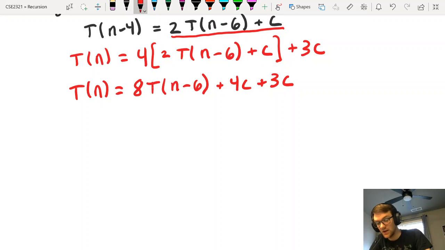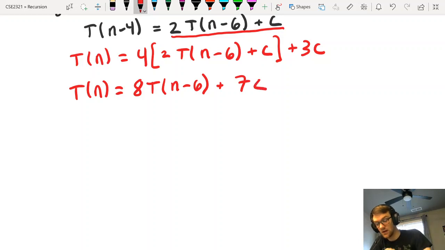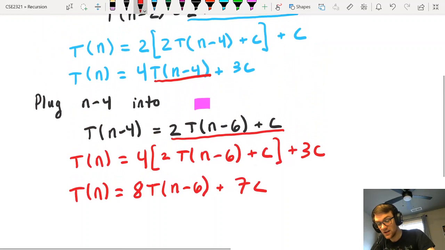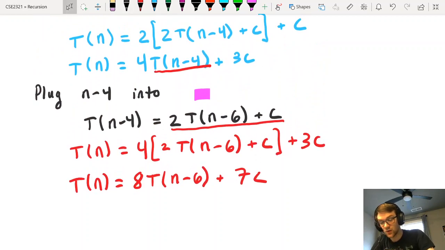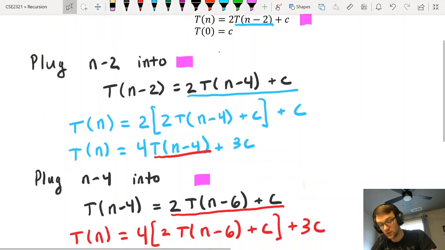Looking at this, maybe we group together stuff again before we proceed, so we call that 7c at the end. We have here in red 8t of n minus 6 plus 7c. There we have 4t of n minus 4 plus 3c, and we had 2t of n minus 2 plus c.